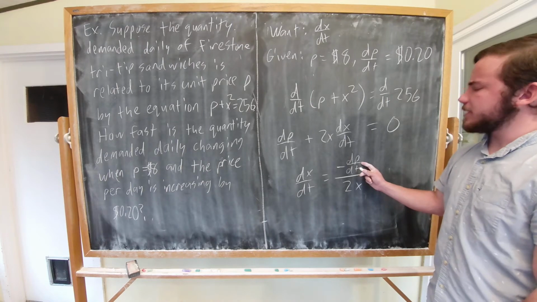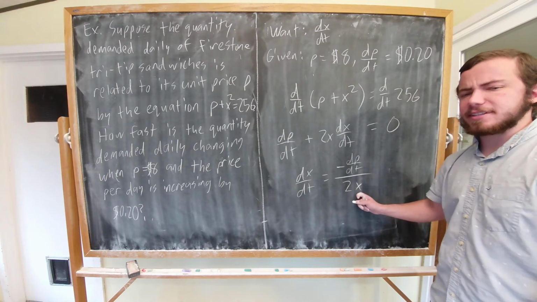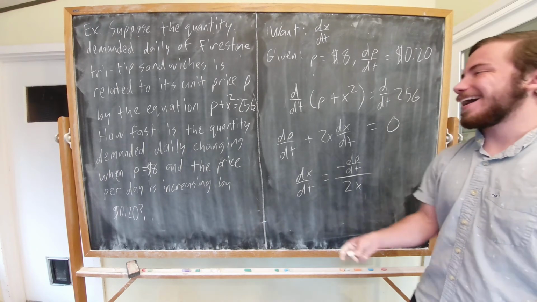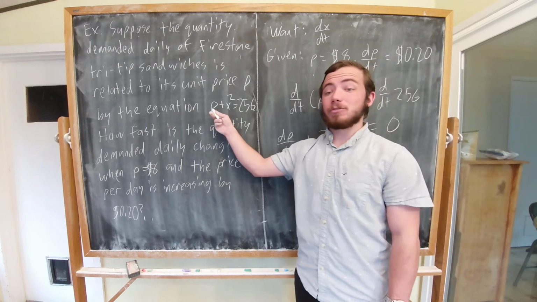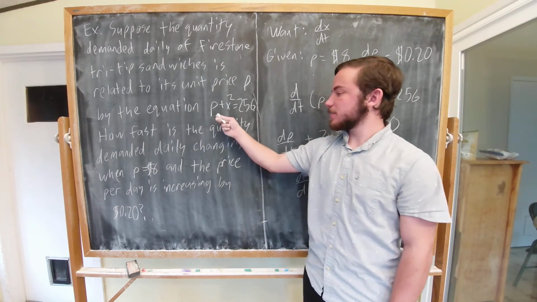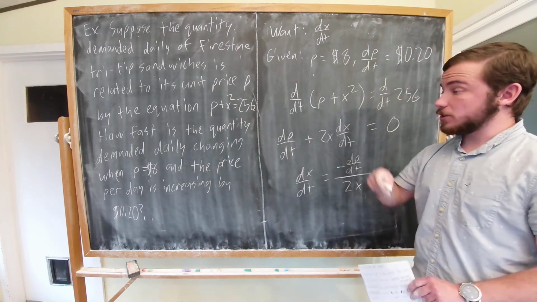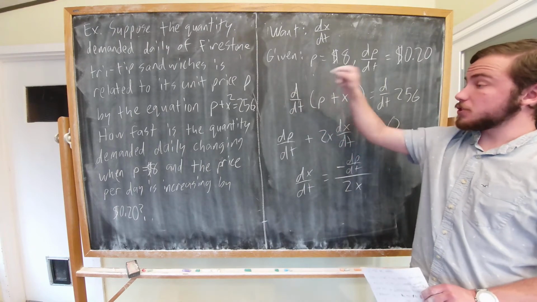But I'm given dp/dt, not x. How do I get x? We have an equation relating P and x, so let's use this equation to solve for x.